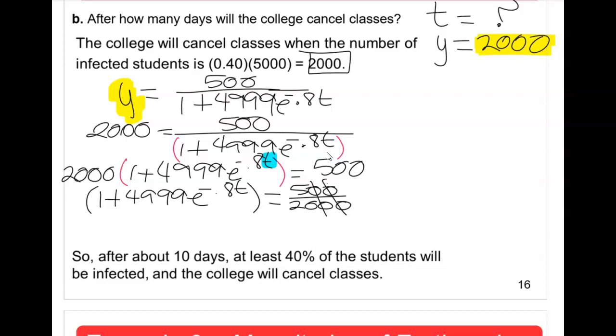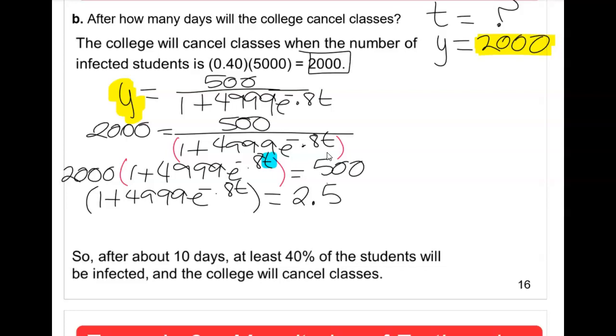And 5 over 20, I can simplify it. If I divide by 5 top and bottom, it will be 1 over 4. Or we could even just use 2.5. If you enter on your calculator 500 divided by 2000 and you get a decimal, it will be 2.5.